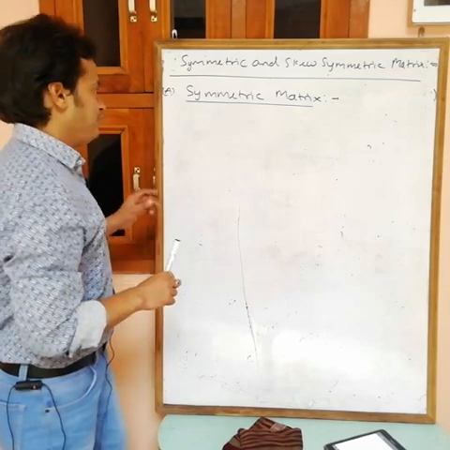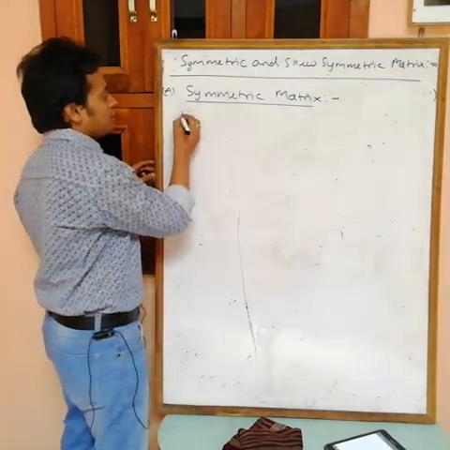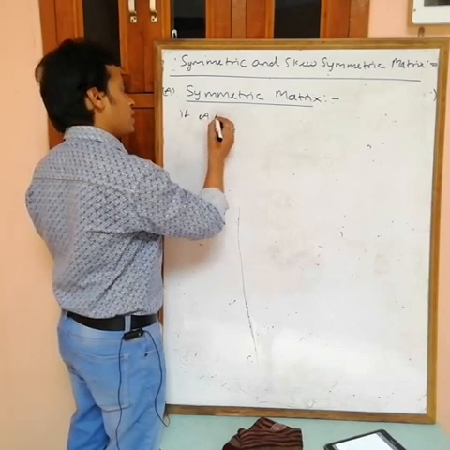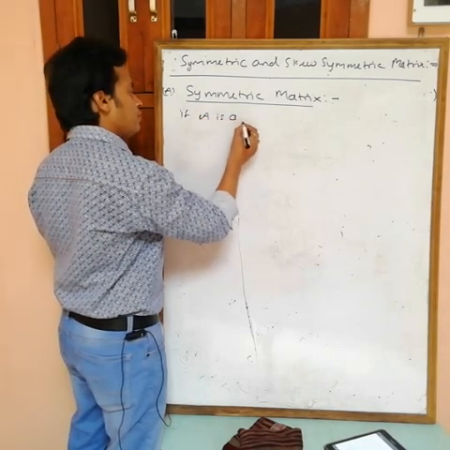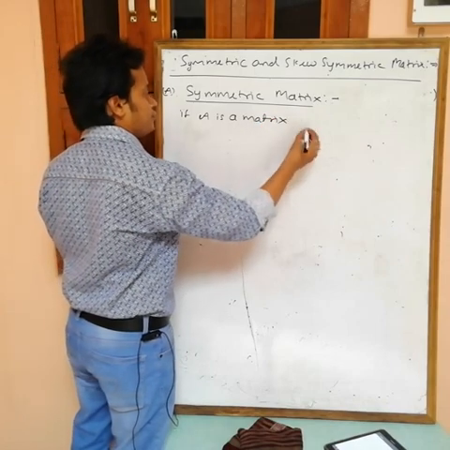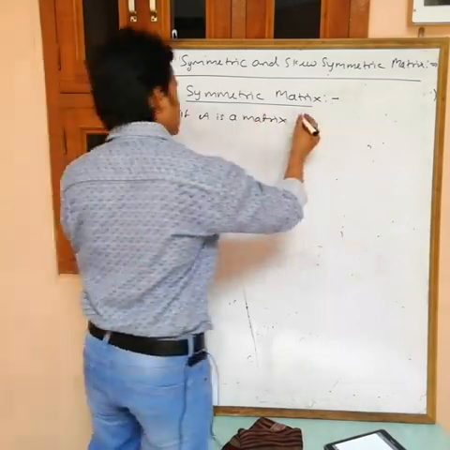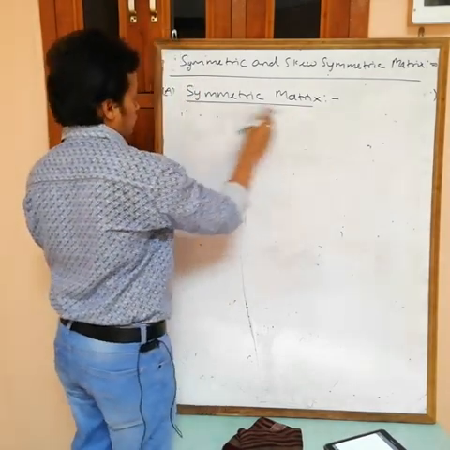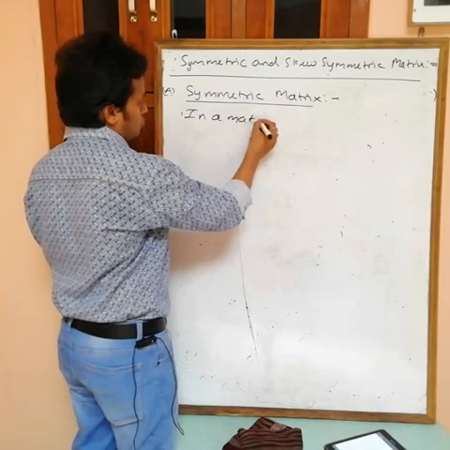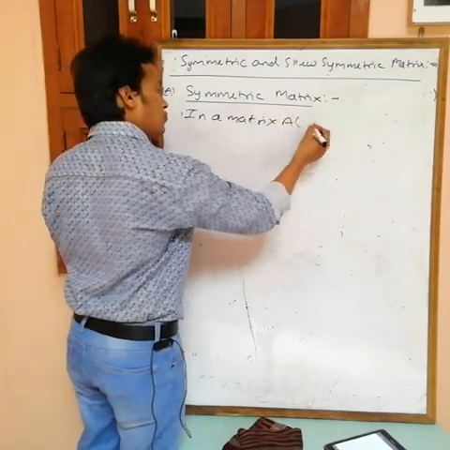So suppose, the condition for this one: if A is a matrix, and the matrix A must be square.